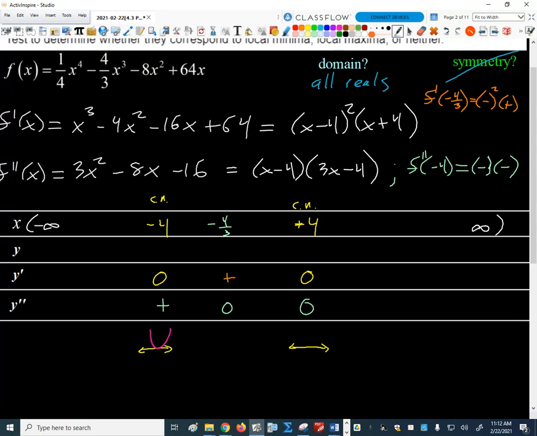Now I just need to check a value on the right side of +4. Like I could plug in 10 or something, right? If I plug in 10, f prime of 10 is going to give me positive squared plus positive is positive.